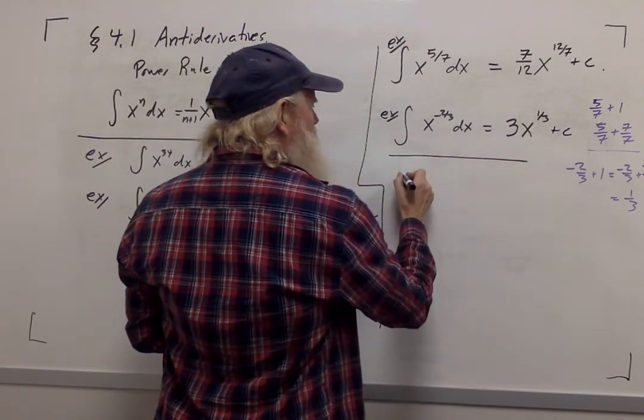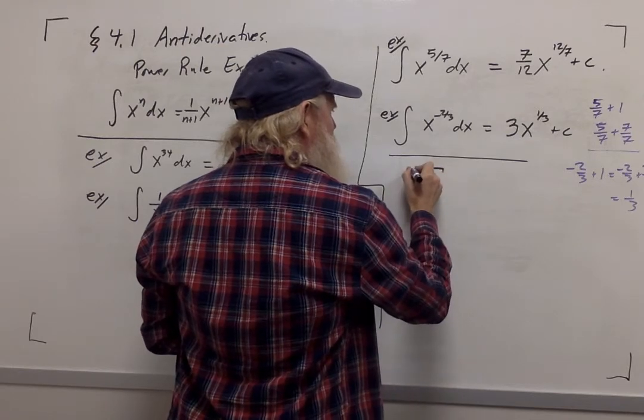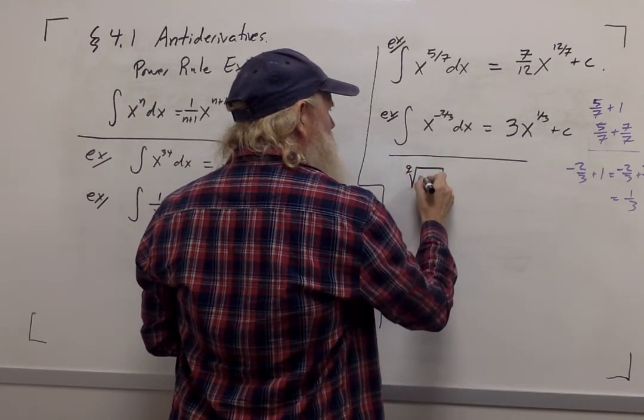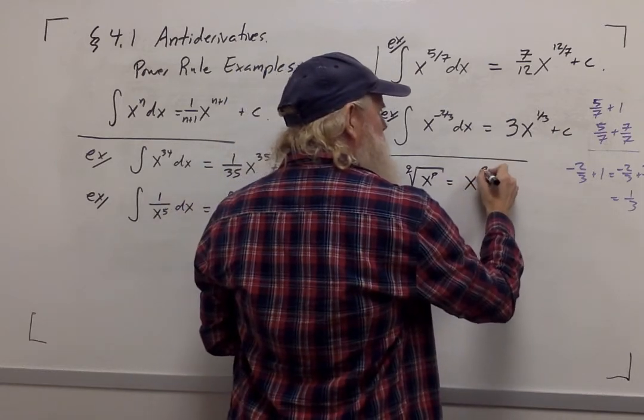Now remember with radical notation, if I have the qth root of x to the p, that can also be written as x to the p over q.